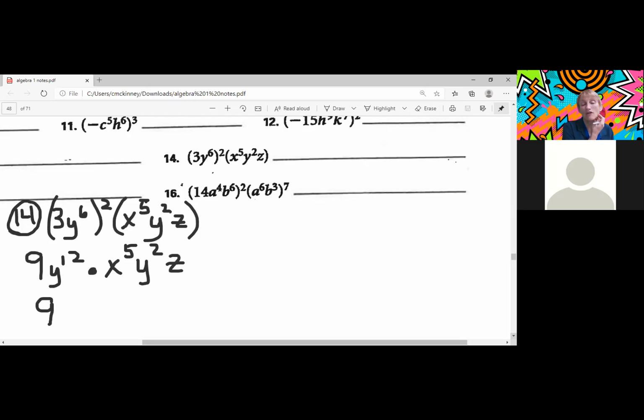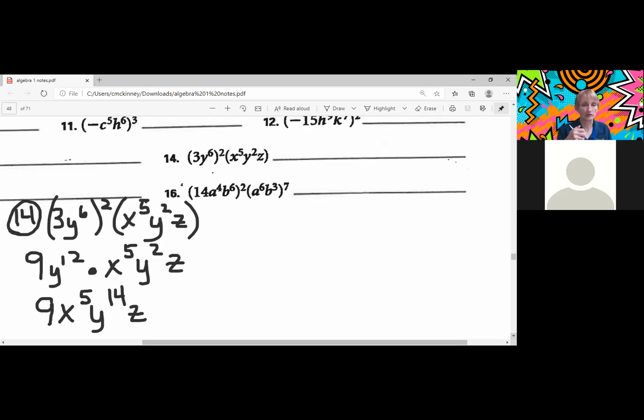And then alphabetically with my variables, I'm going to put my x first, x to the 5th, then 12 plus the 2 makes y to the 14th, and then the z. So that one didn't involve too much product rule because there was only one variable to put together.